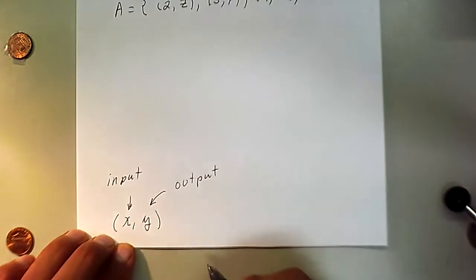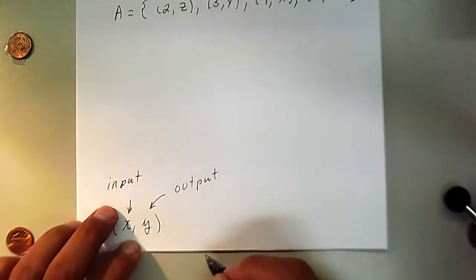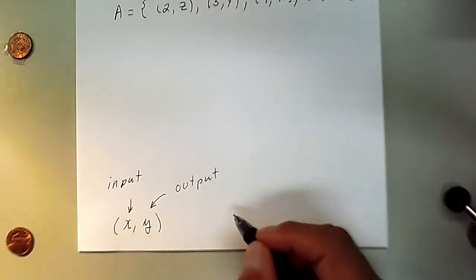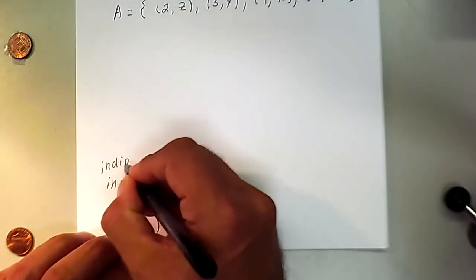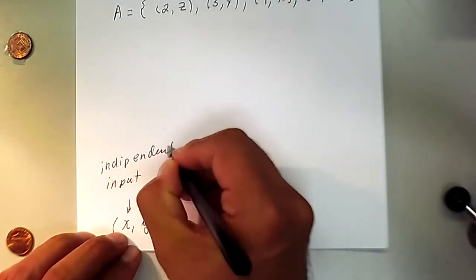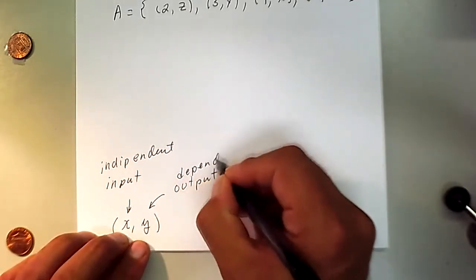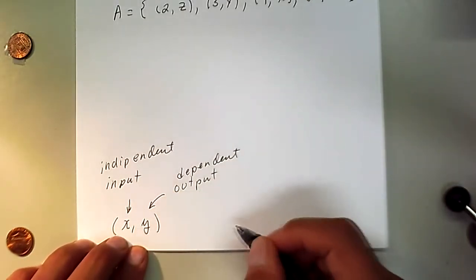But actually, there's more than one name for them. Input, output, independent, and this one is called dependent. So there's more than one name for each one of those parts.